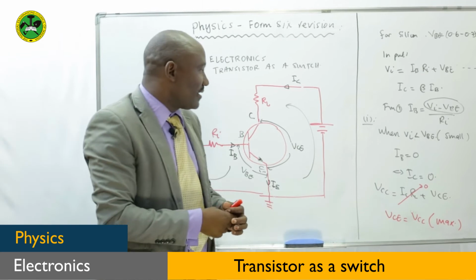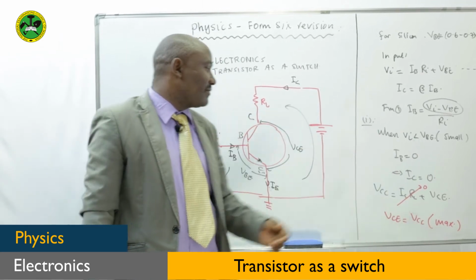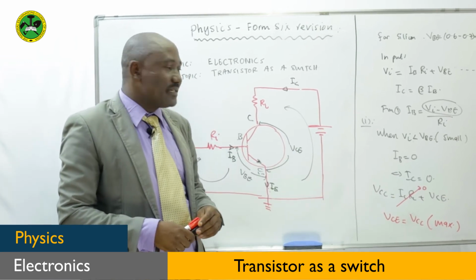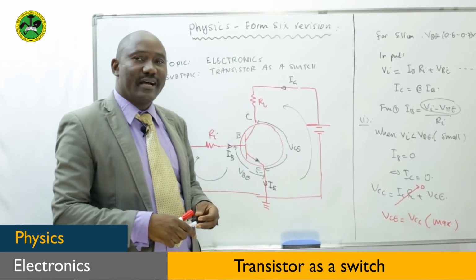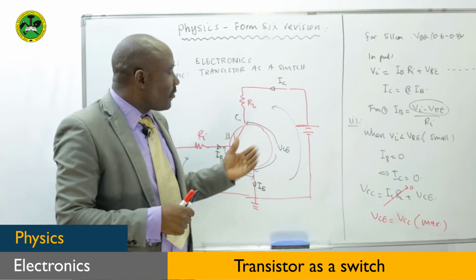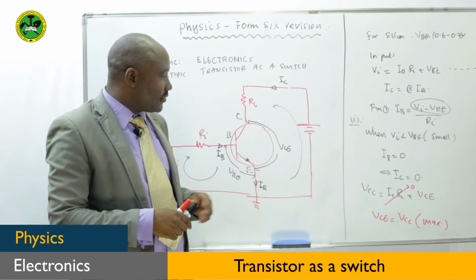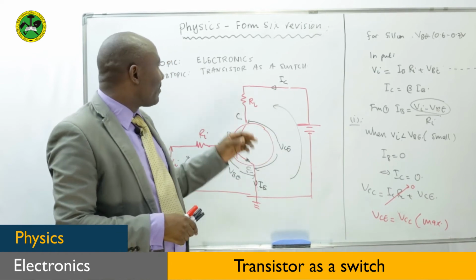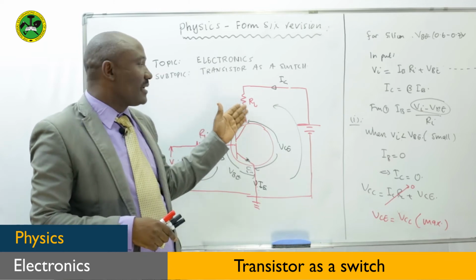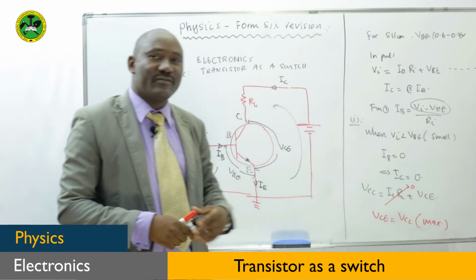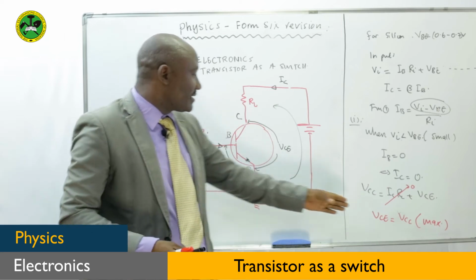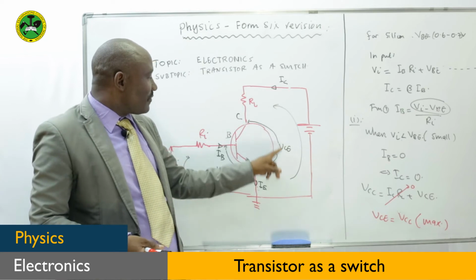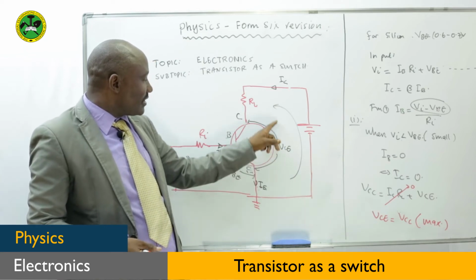What do we mean by this? If we don't have base current, automatically we don't have the collector current. For this case, the transistor is behaving as an open switch. Remember we had 2 types of states, saturation and cutoff. So this is the condition of the cutoff state. Cutoff means the transistor is behaving as an open switch, such that most of the voltage will be dropping across the transistor.